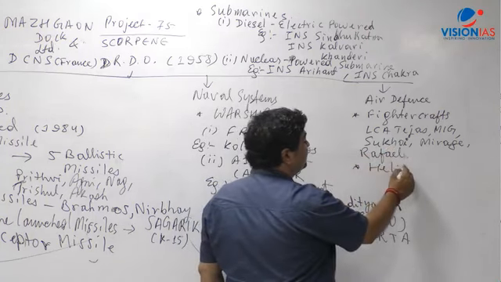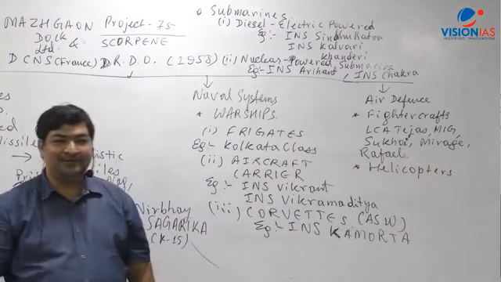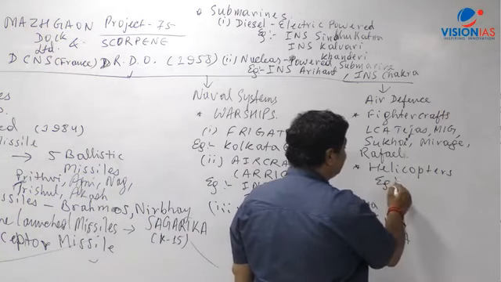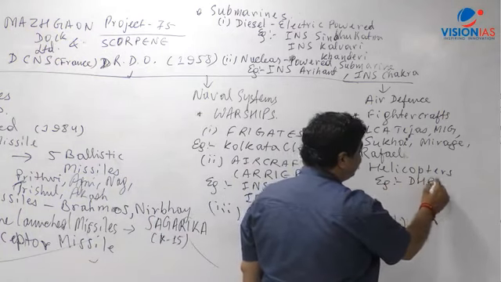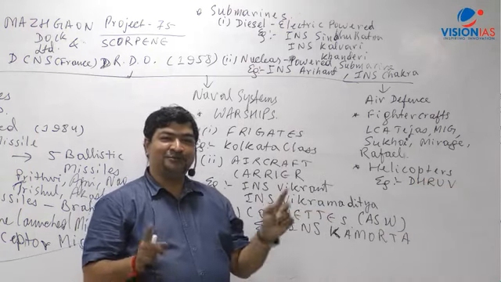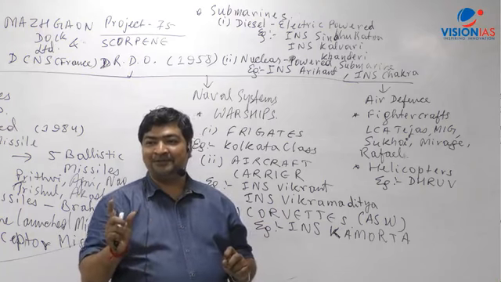Helicopters. India is good at making helicopters, and we are selling to other countries also and earning money. The Dhruv comes as an example here. Chetak is also there. Dhruv is a reactor also, and Dhruv is a helicopter also. Yesterday I mentioned the advanced light helicopter, ALH.